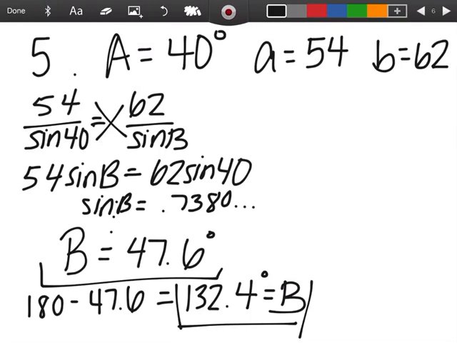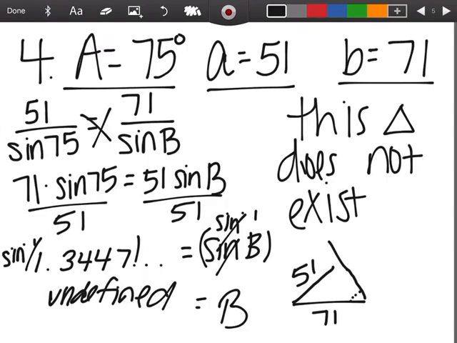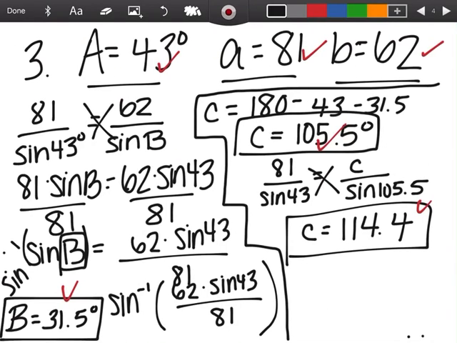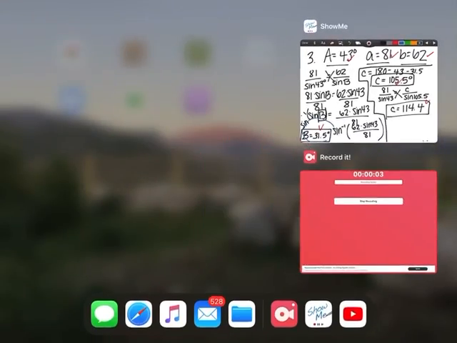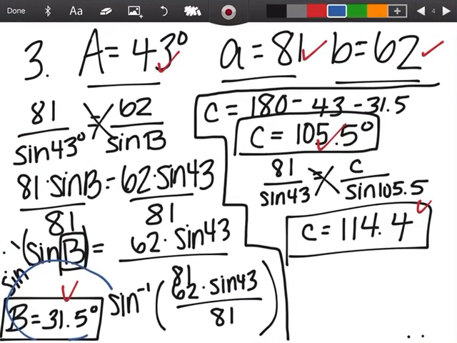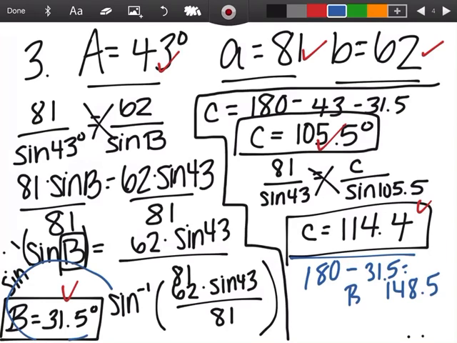So I'm actually going to have two different triangles that can be created here. So let me talk about something that did not come up in number 3. I found B was 31.5, and that was all that it could be. Because if B could also equal 180 minus 31.5, which is 148.5, well, let's think about that.